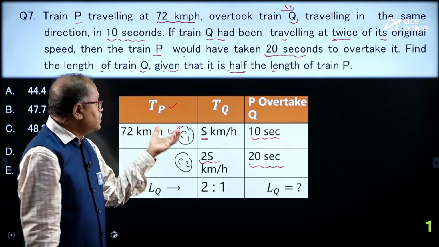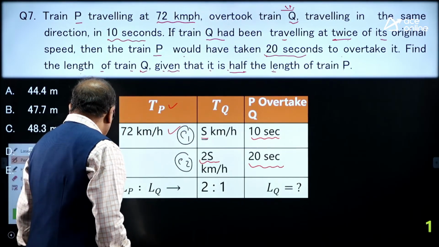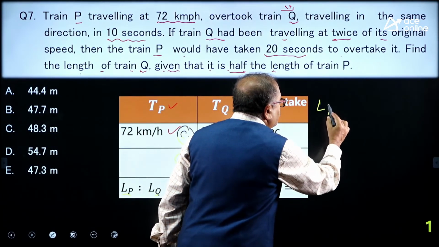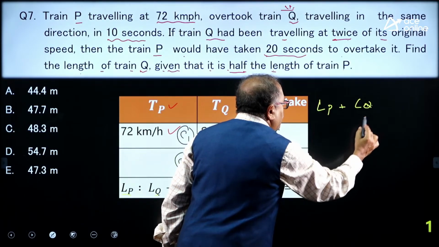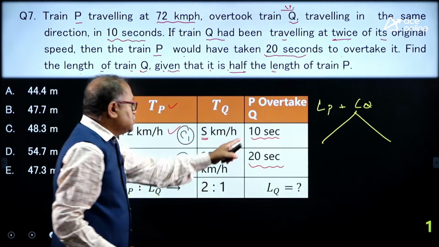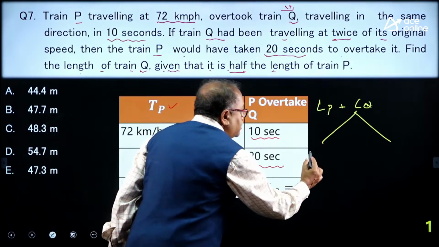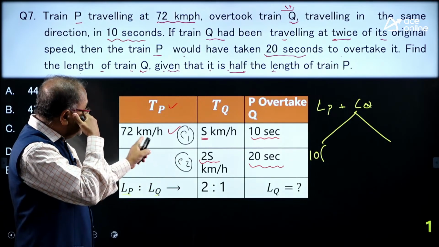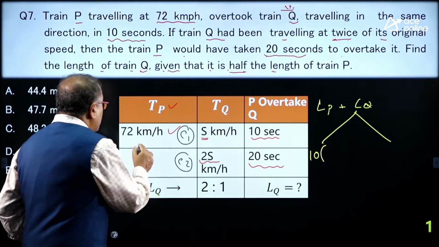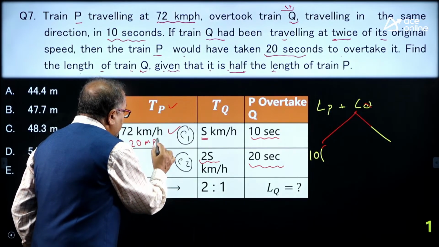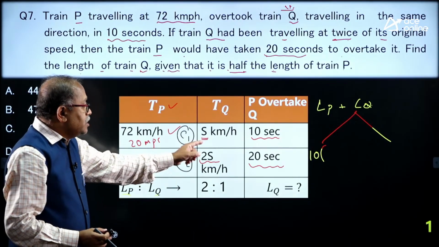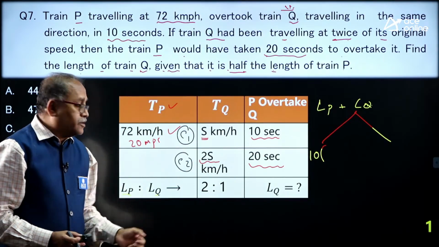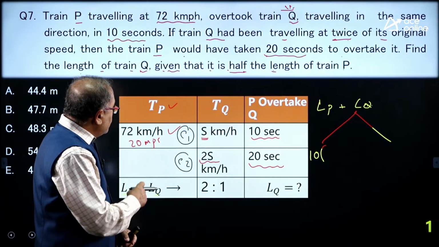So, I am getting two equations here for the distance, which is length of P plus length of Q. It is given in two formats. One is time into relative speed, that is 10 into (72 minus s). Because the time is given in seconds, I converted this from kilometers per hour to meters per second. So, 72 is 20 meters per second, am I right?